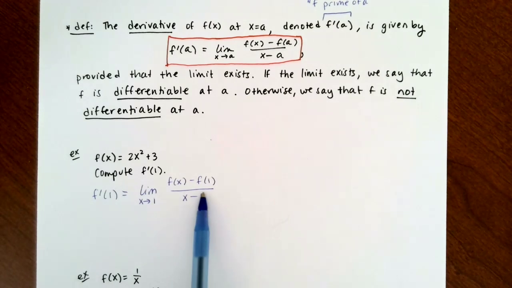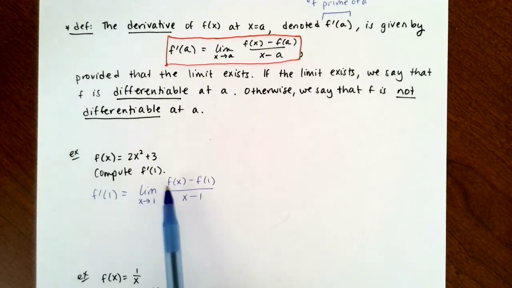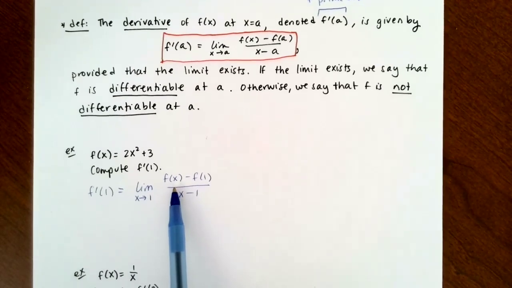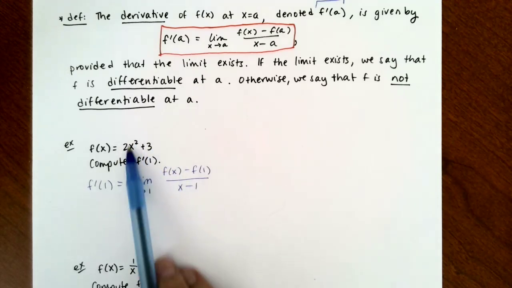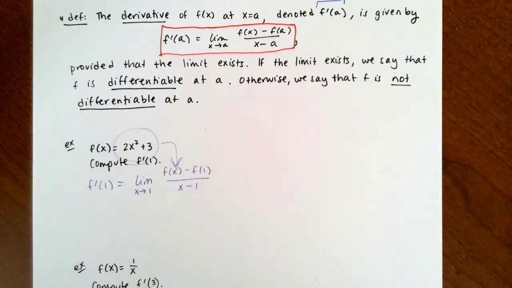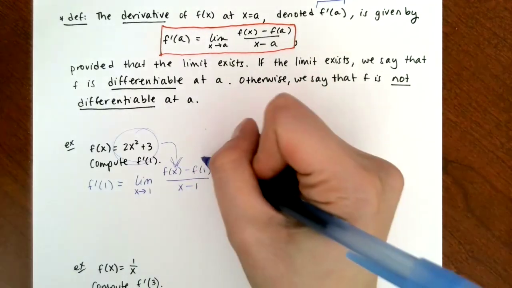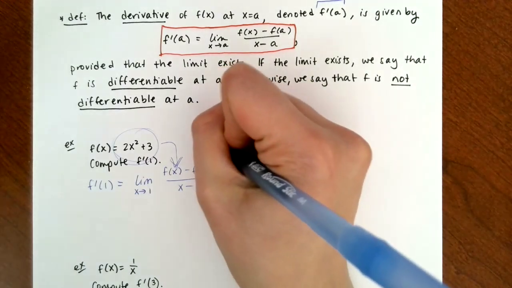Okay, and now the denominator here is set, right? X minus 1 is going to be part of my formula. I have my limit actually set with a number. What I need to actually fill in for this example is the f of x. That's going to be 2x squared plus 3. This whole thing goes in for f of x right here. And then f of 1, I need to actually compute for this function. And this will just be a number.